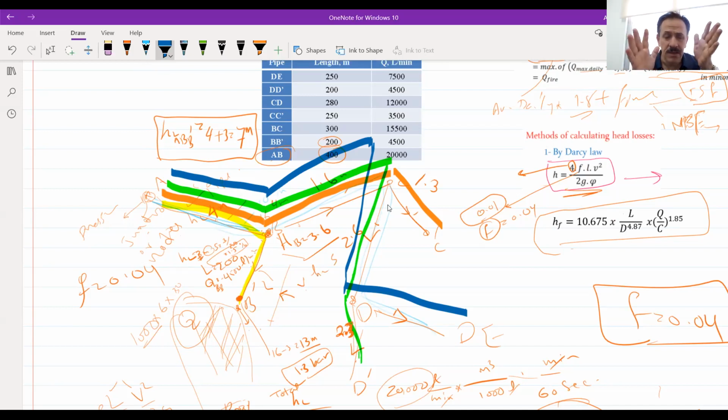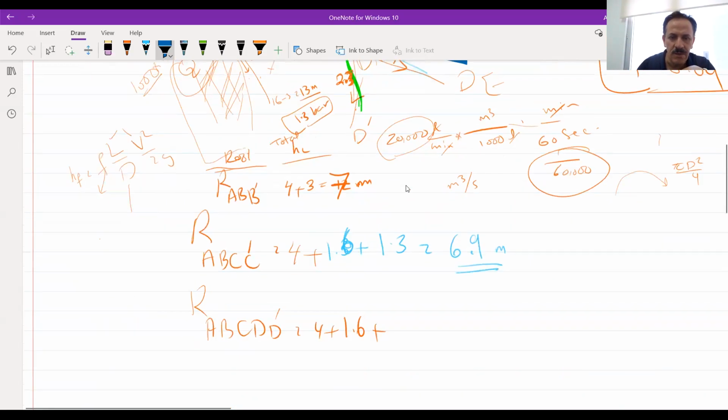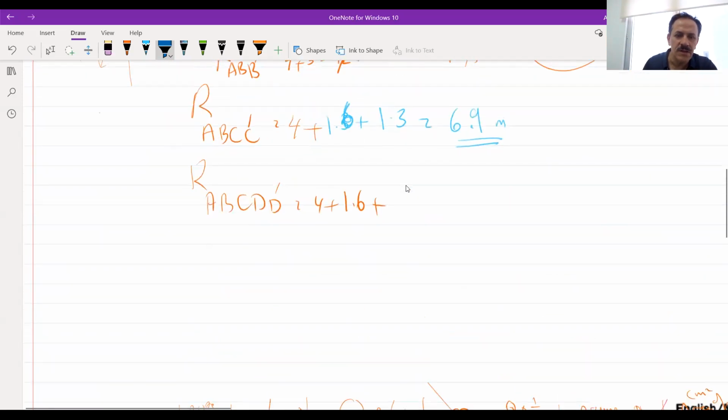And by the way, on the critical path, you can unify the diameter for all pipes to minimize the total head losses. And then there will be branches. It looks like I will convert the network to another network like this.